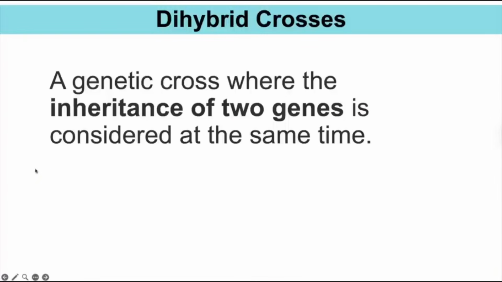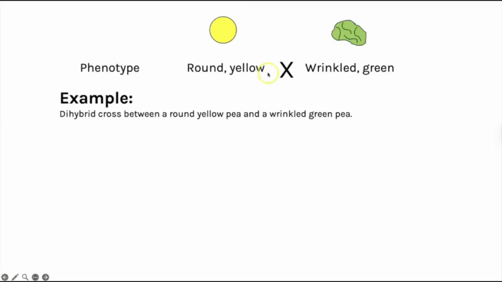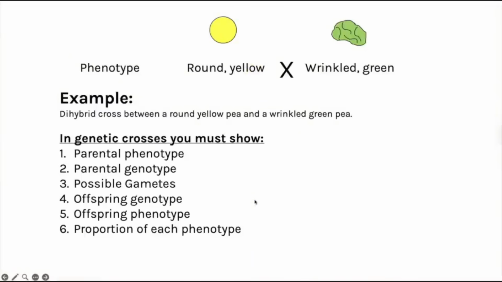So that actually goes into dihybrid crosses. A dihybrid cross is the inheritance of 2 genes at the same time. And we've just done one example, but here is a more straightforward example where we don't have epistasis involved. So we've got a round and yellow pea, a wrinkled and green pea. So 1 gene is coding for shape, 1 gene is coding for colour.